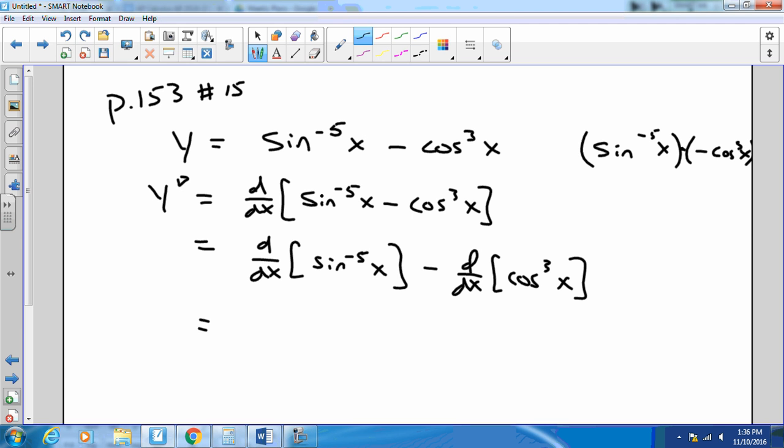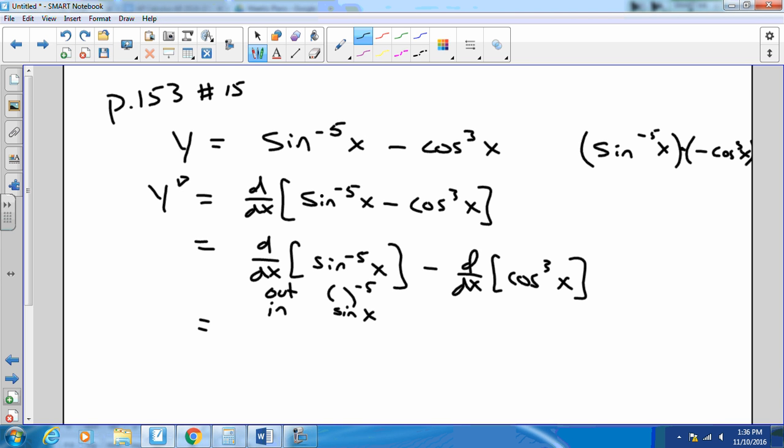So when I look at this guy on the left, I'm going to ignore what's happening over here. For the guy on the left here, what's my inside, what's my outside? Sine. Negative. Okay. Now we don't have a derivative rule for sine minus 5 to the minus 5. That's not a good choice for outside. I think this is negative. Ah, okay. So the outside is sine to the negative 5. What's the inside? Sine. Yep.